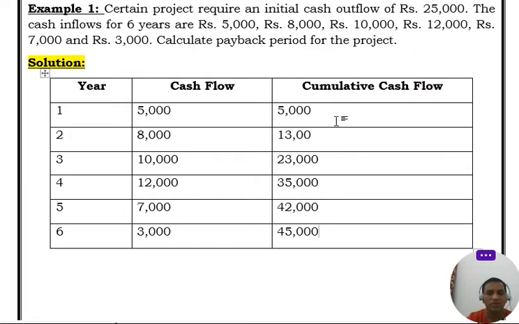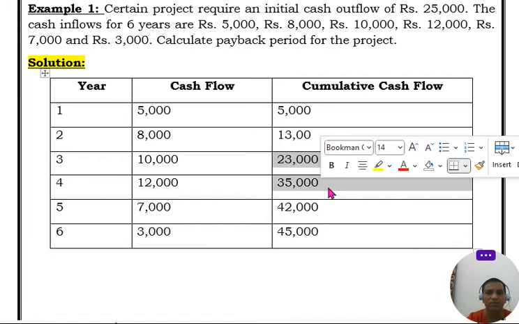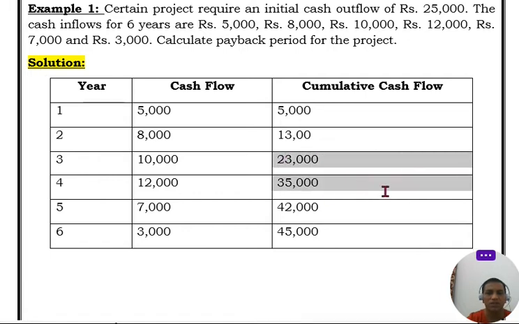25,000. Where is this 25,000 covered? This 25,000 is between 23 and 35. That means the cost of the project, 25,000, you are recovering between year 3 and 4.